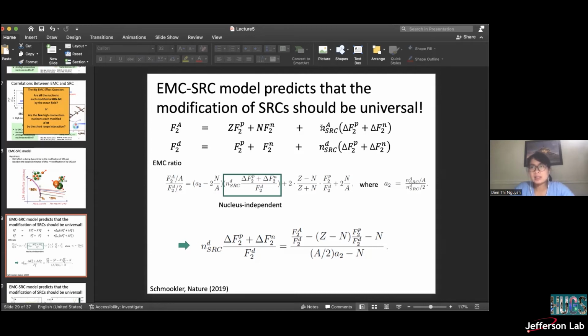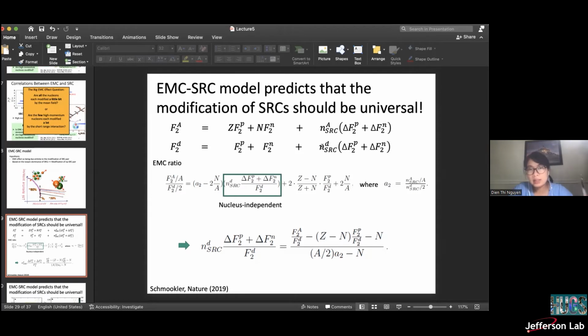So this is the number of NP SRC pairs in the nucleus A, and this delta represents the modification of the F2P and the F2N here. So this is the modification part. Similarly, we can do exactly the same for the F2D. So it will equal the sum of the F2 from proton and neutron, plus the modification depending on the number of SRC pairs in the deuteron as well. So this is the simple way to get to this F2 based on this assumption.